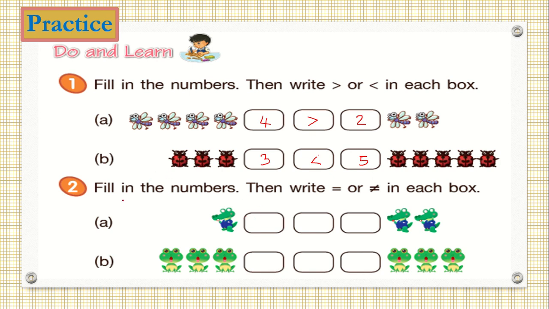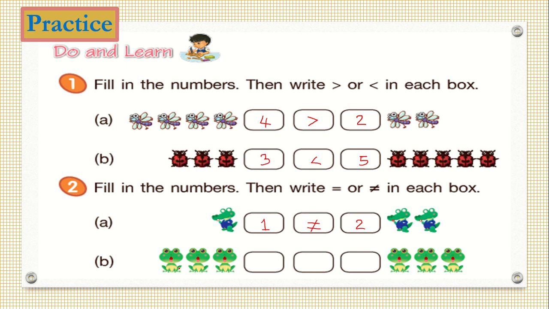Number 2. Fill in the numbers, then write equal or not equal in each box. Okay, part A. Here we have got 1 picture. Here we have got 2. We know that 1 is not equal to 2.